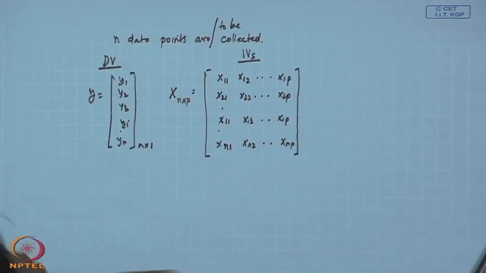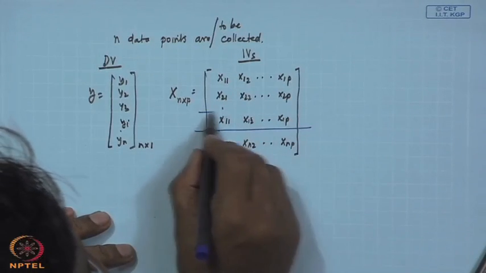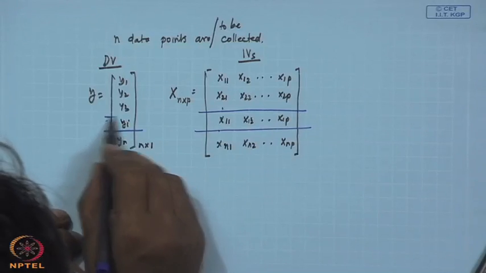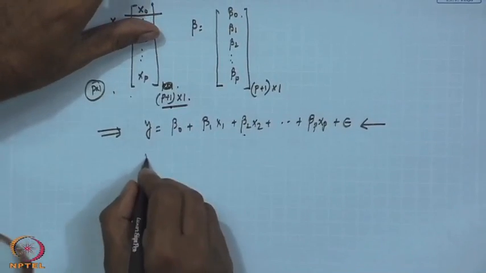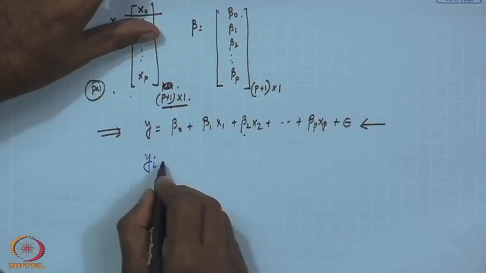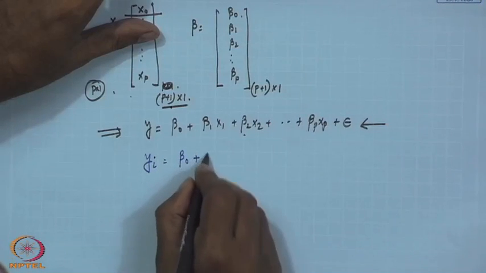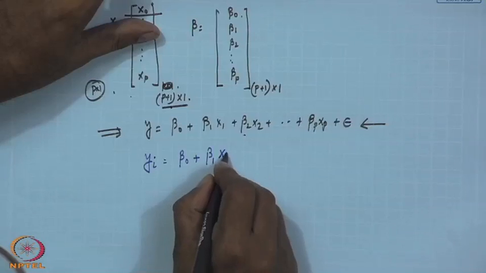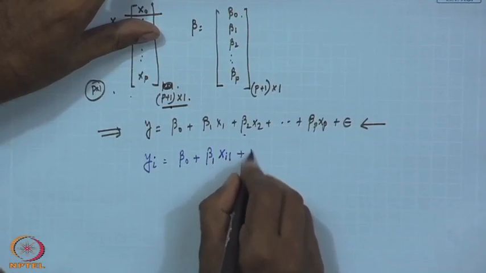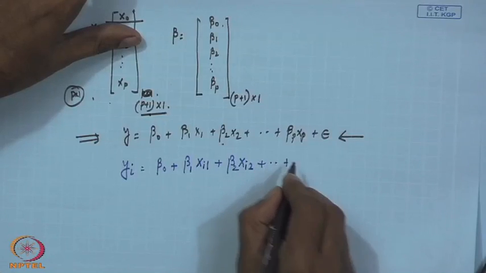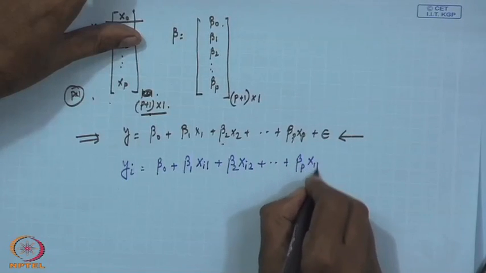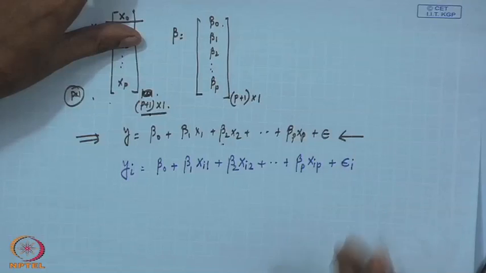This is what we call the general observation. Now, if we want to write the equation here, then what will we write? We will write yi equal to beta 0 plus beta 1 xi1 plus beta 2 xi2 plus beta p xip plus epsilon i.